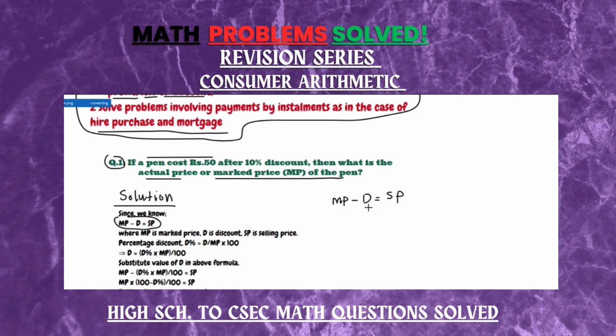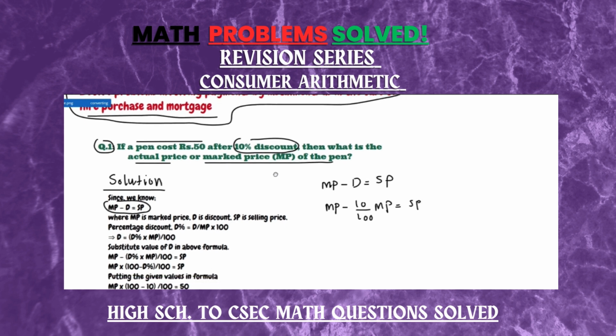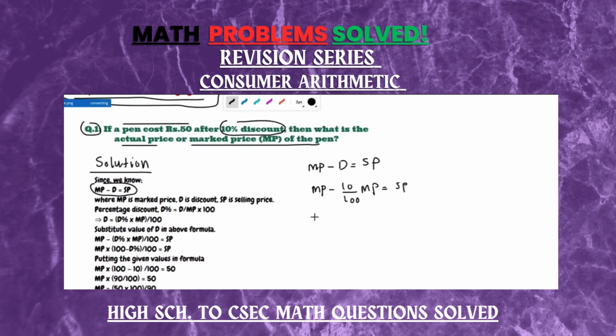We know the discount is actually a percentage. Here the discount percentage is 10%, so it will be 10 over 100 times the marked price, right? 10 divided by 100 is 0.1, so it will be MP minus 0.1 times MP equals selling price, right?